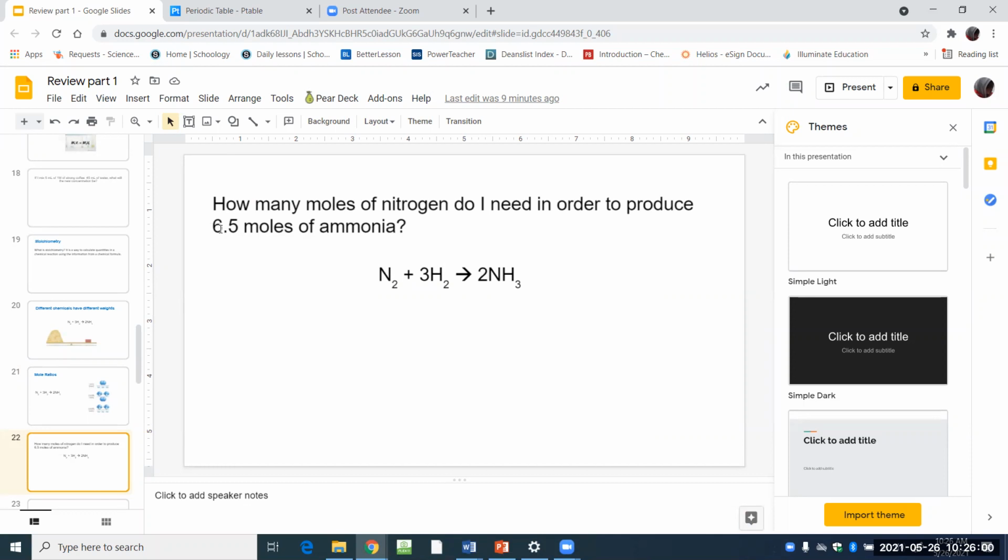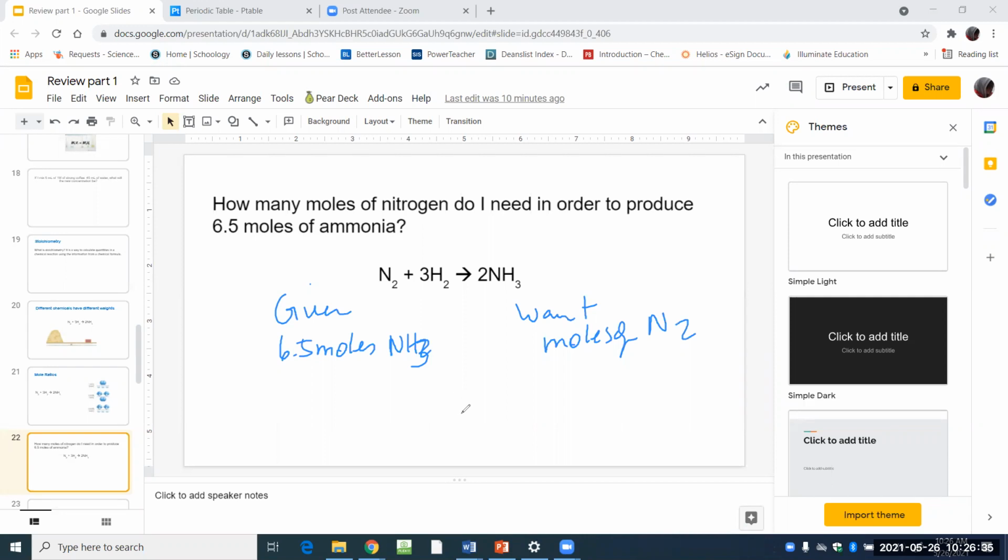So let's double check, in case the rationale between the ratios is not clear to you. Again, go back to your dimensional analysis. What's given to me is 6.5 moles of NH3. And what the problem wants is moles of nitrogen.